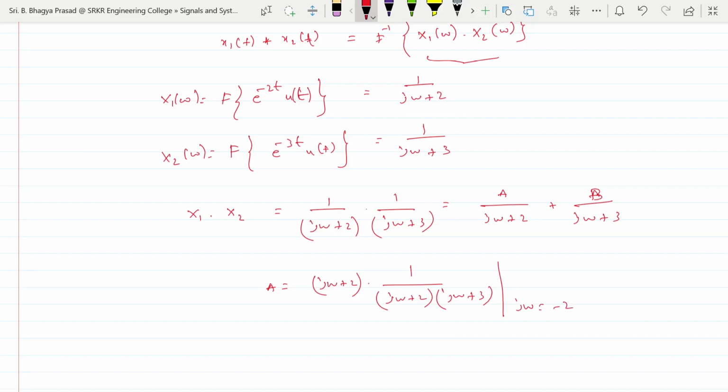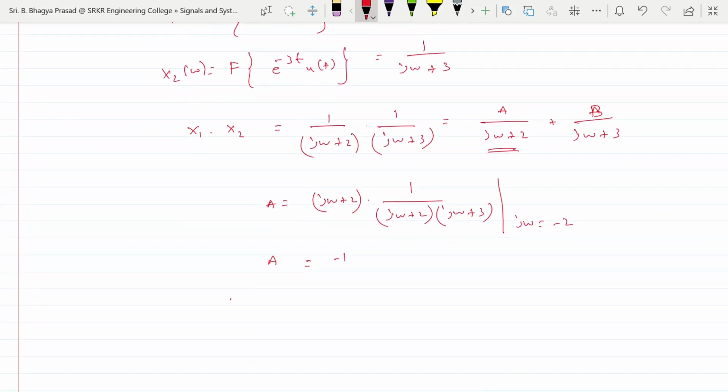For this value, j omega plus 2 will be 0, so that term vanishes. Then you get plus 1, so A is plus 1. Similarly for B, multiply by j omega plus 3 and substitute j omega equal to minus 3, which is where j omega plus 3 will be 0, and B will be minus 1.